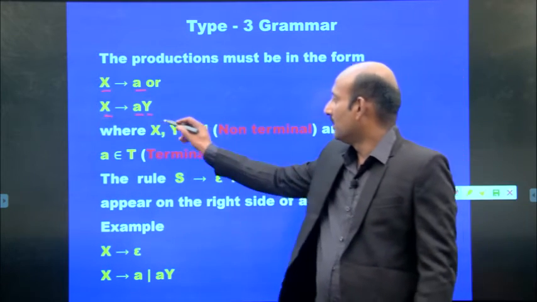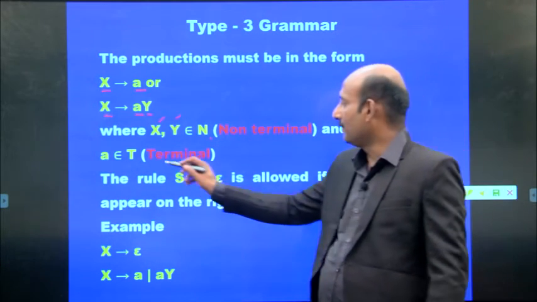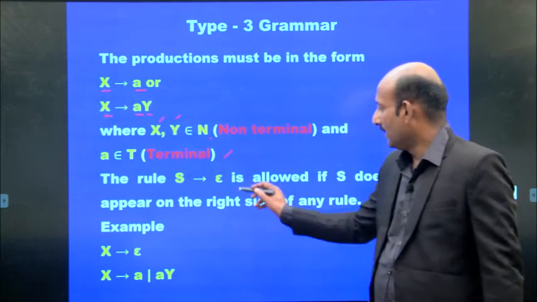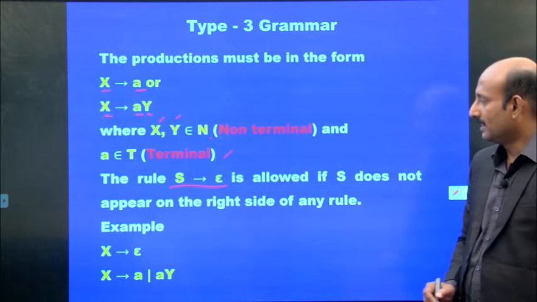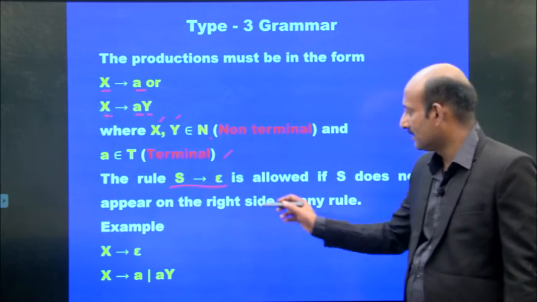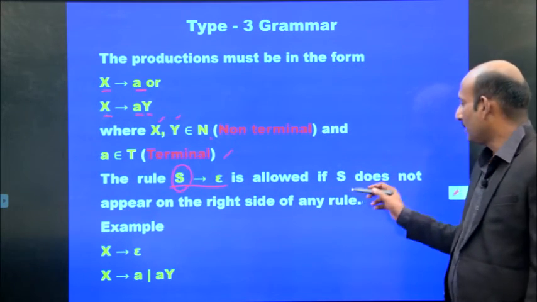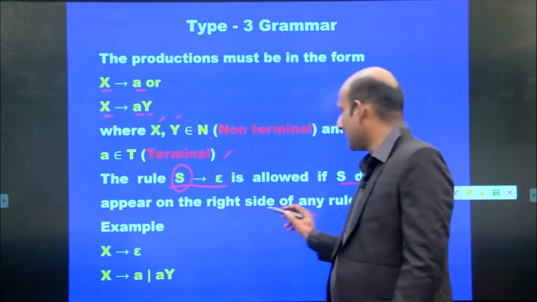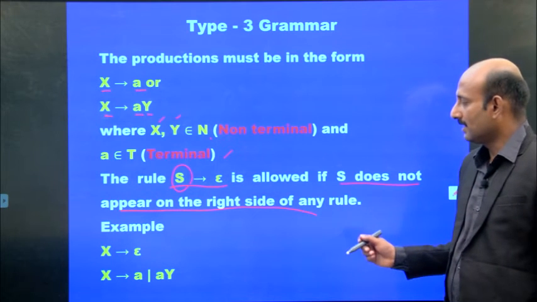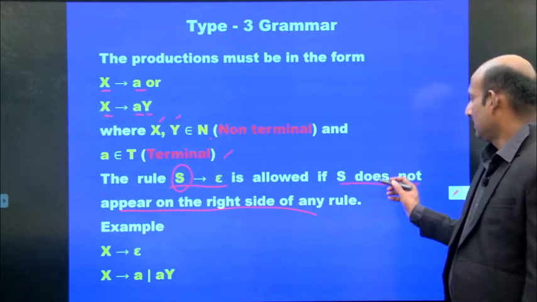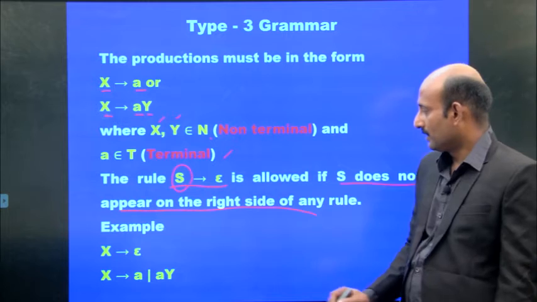Where X, Y belong to non-terminals and a belongs to terminals, the rule S gives epsilon is allowed if S does not appear on the right side of any rule, where S is the start symbol.